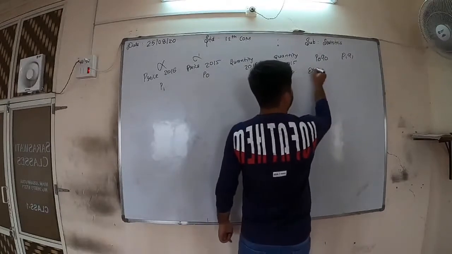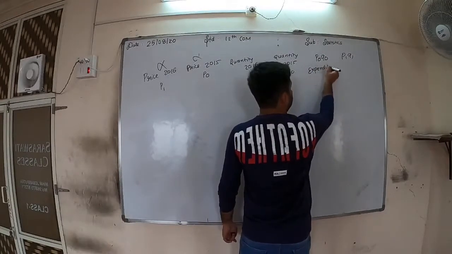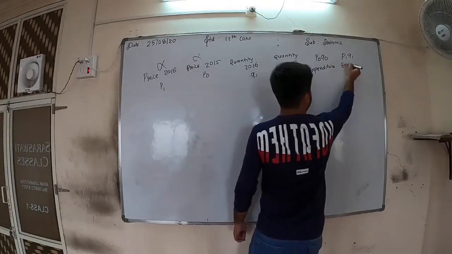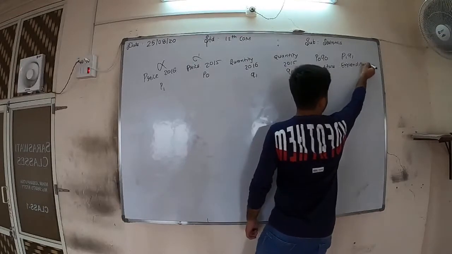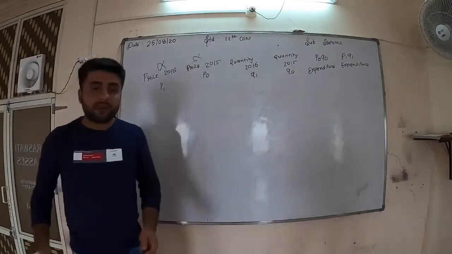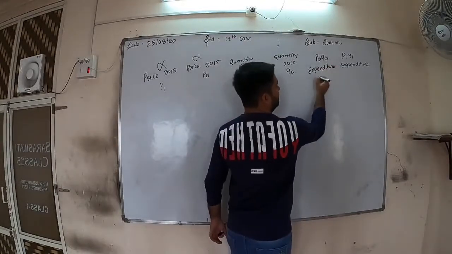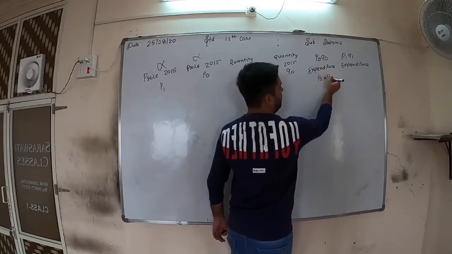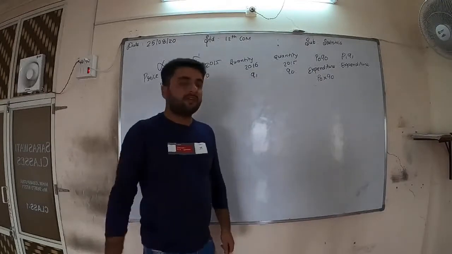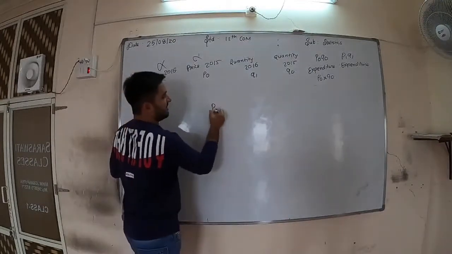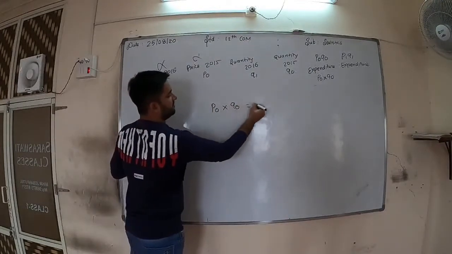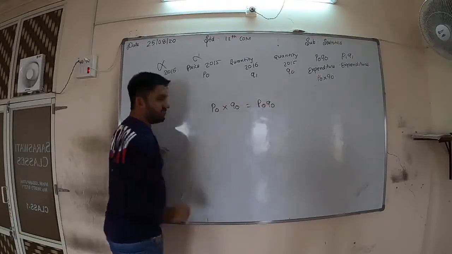You have been given expenditure. So friends, yesterday I told you how you will find this column: P0 multiplied by Q0 is equal to P0 Q0.